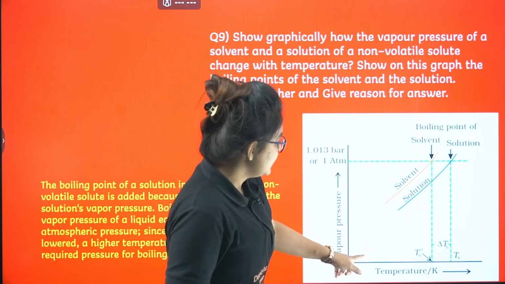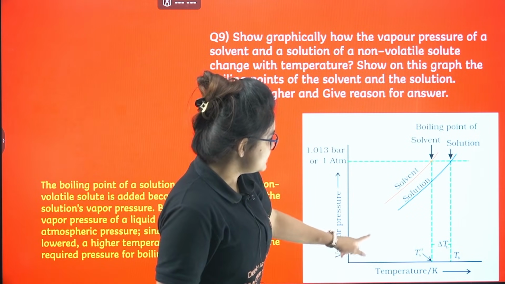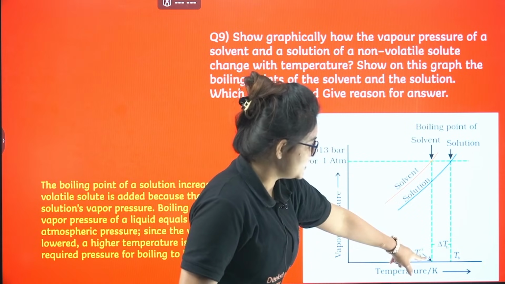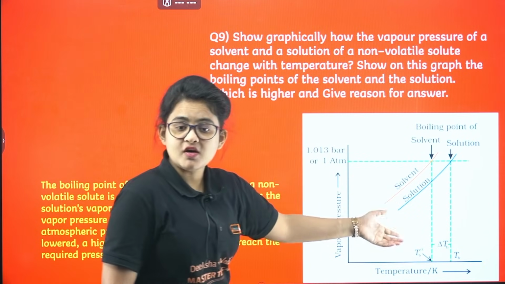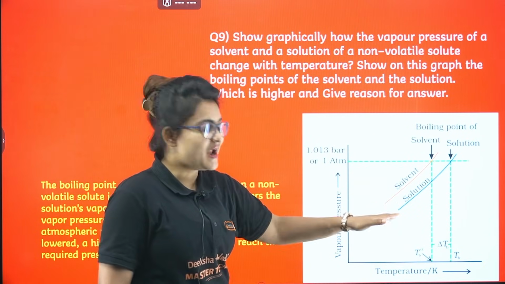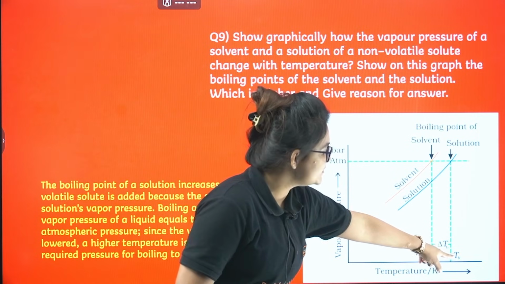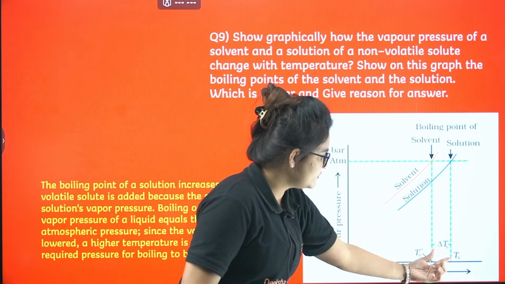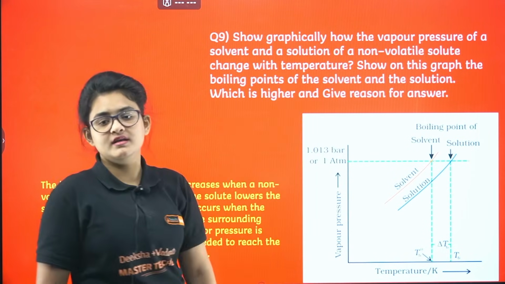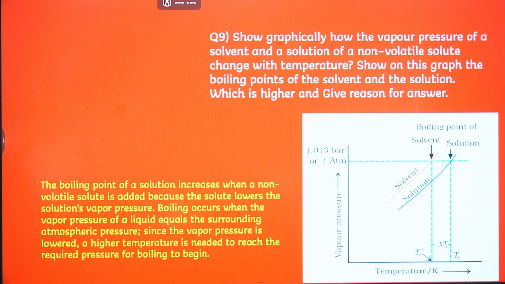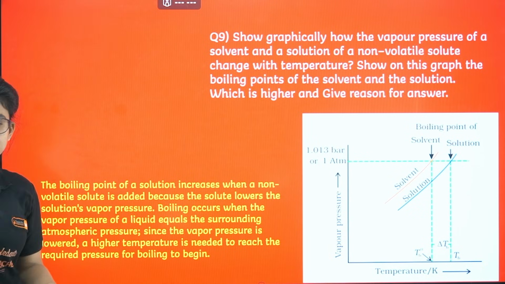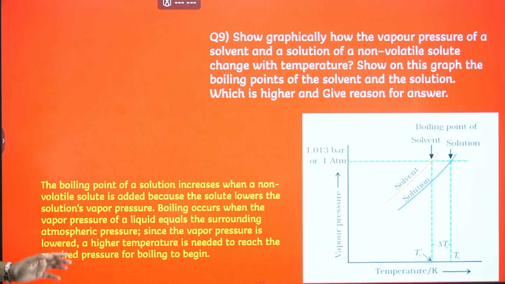So in the normal case you can see the solvent was boiling at this temperature TB0, but after the solute is added, it will boil at TB. This particular difference is called delta TB. So the boiling point basically increases. So elevation of boiling point is something that we observe here. Okay, I guess it's clear.